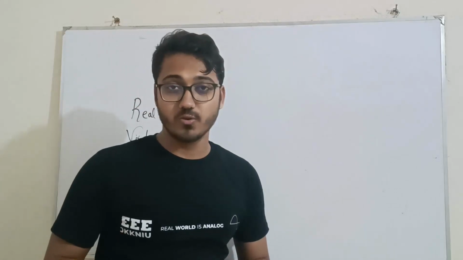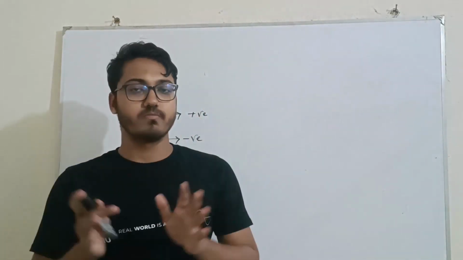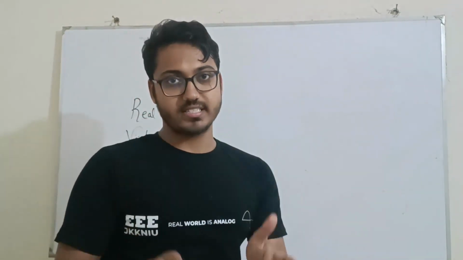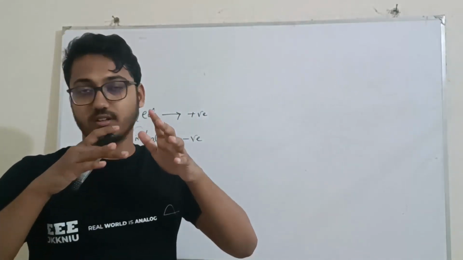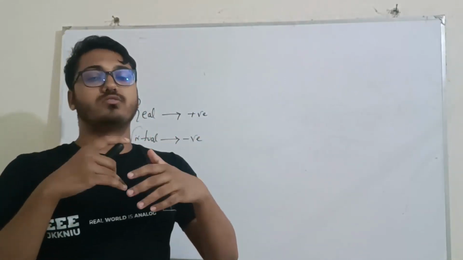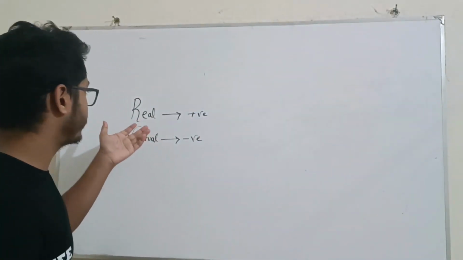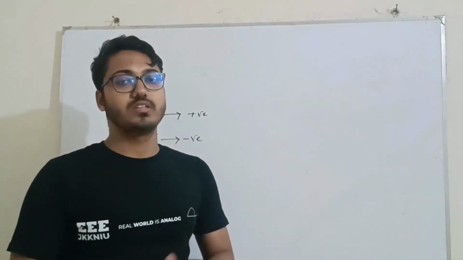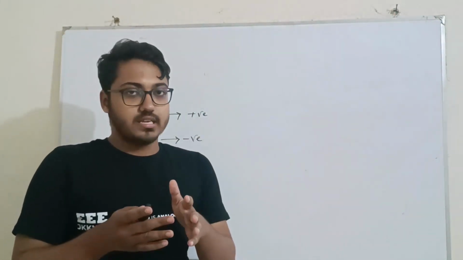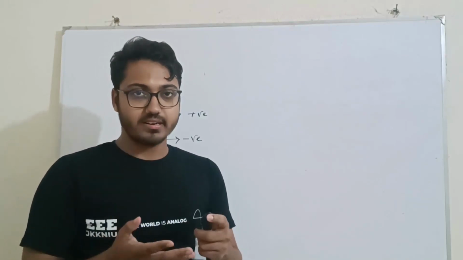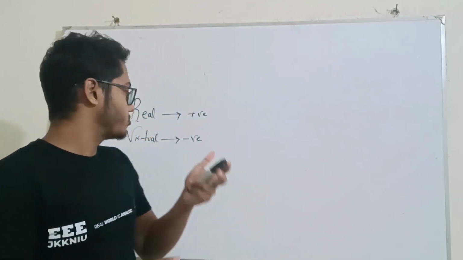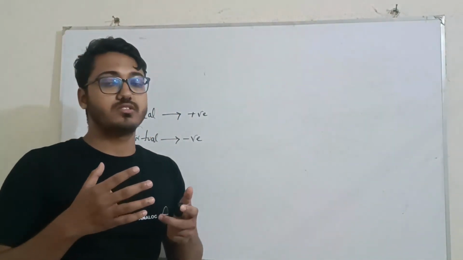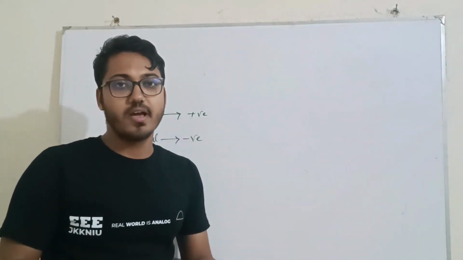If you don't understand, construction-wise or drawing-wise, how a real image is created and how a virtual image is created, it's better that I don't teach you what a real or virtual image is. You make yourself learn by yourself.